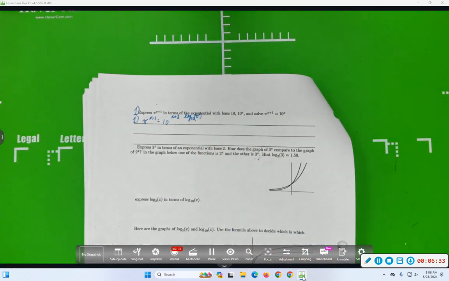And if you want to leave out that base 10, most of the time I'll follow the convention that if there's no base, it's base 10. So I said I made a mistake. What did I do here that's wrong? Shouldn't it be just 10 to the x, not x plus 1? No, so whatever the exponent is here, so if you wanted 3 to the 7th, you could rewrite that as 10 to the 7th.